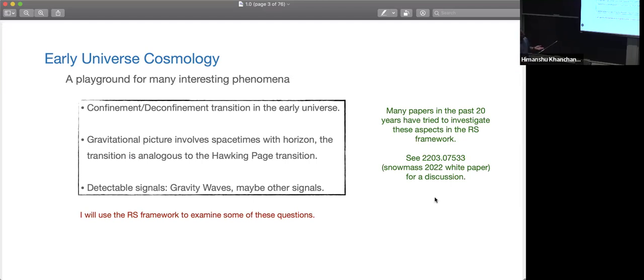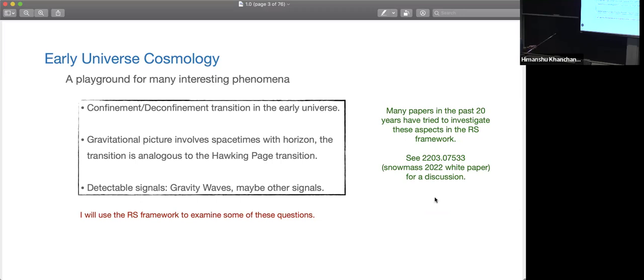And the gravitational picture involves thinking about space-times with horizon, because as I will explain in the following slides, the deconfined phase usually corresponds to a black hole in the space-time picture. This confinement-deconfinement transition is analogous to the Hawking phase transition that people study in their own right. And again, depending on when certain conditions are satisfied, there can be detectable signals, gravitational waves, and many other signals.